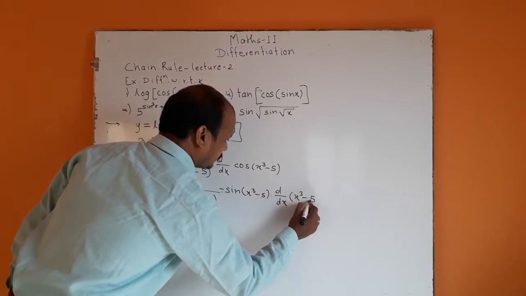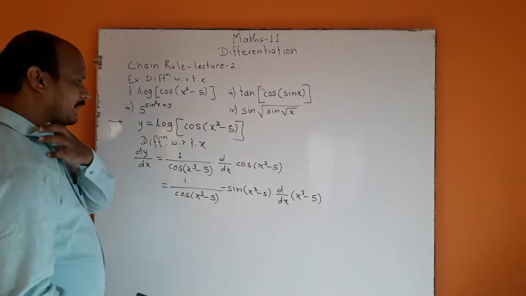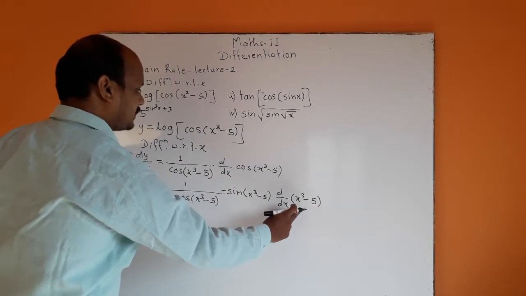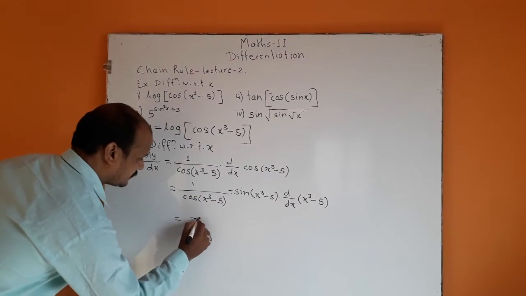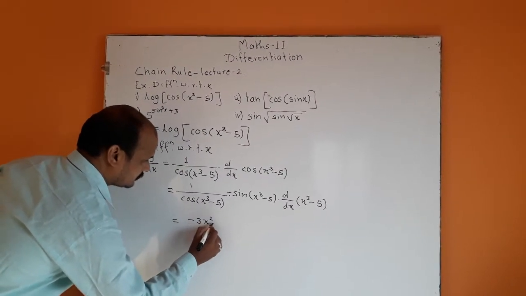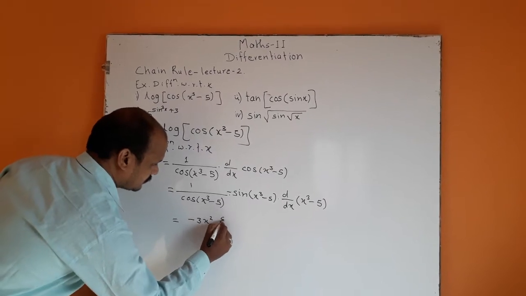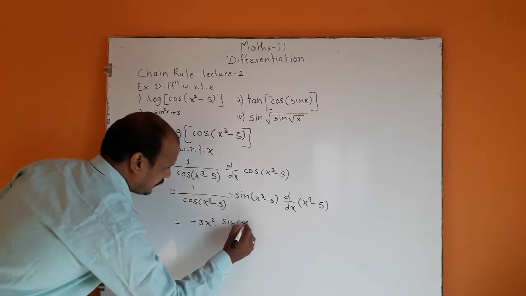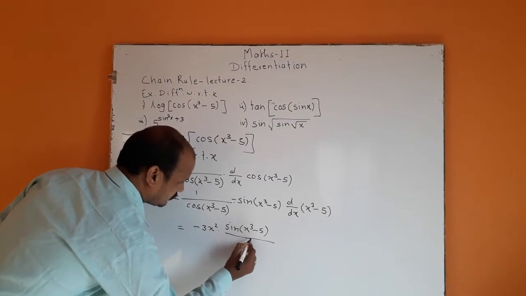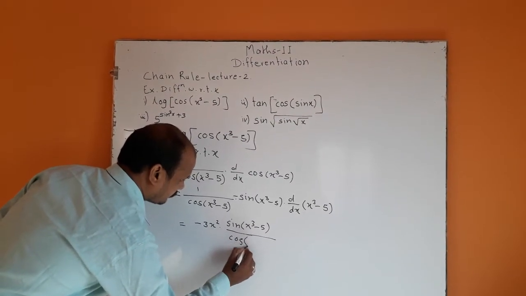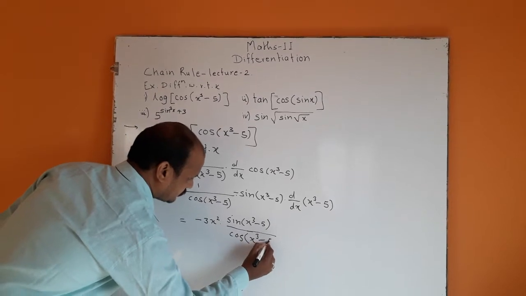x cube minus 5. Now d by dx of x cube minus 5 is 3x square. Therefore this is minus 3x square into sin of x cube minus 5 upon cos of x cube minus 5.